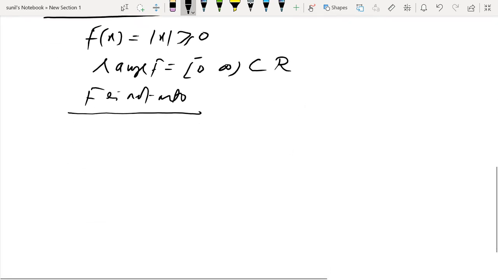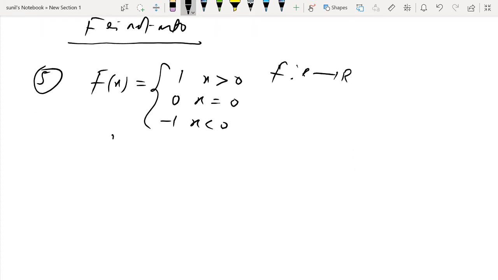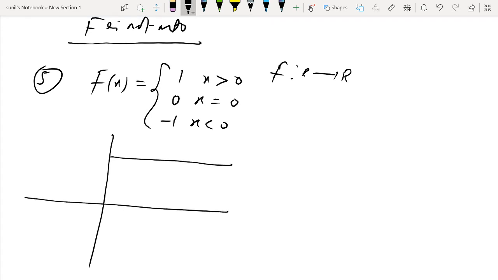Now another question, number 5, is the signum function. f(x) is equal to 1 when x is positive, 0 when x is equal to 0, and minus 1 when x is negative. If you are talking about this function from R to R, you can see the graph of this function. It is something like this, and here is 0.